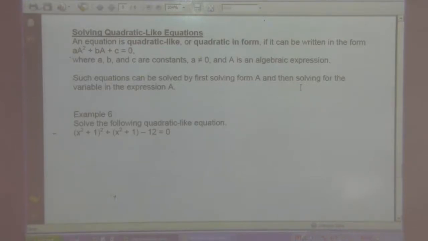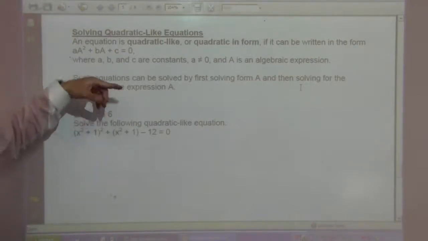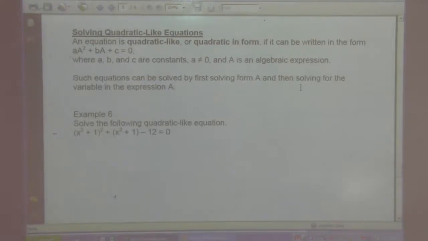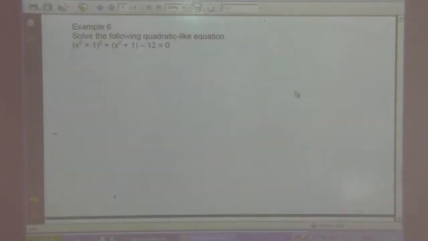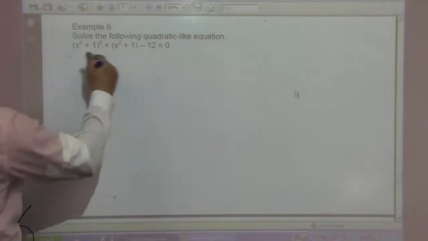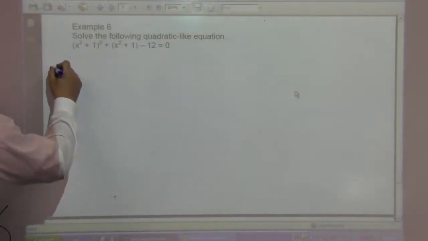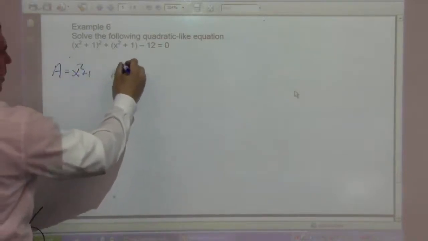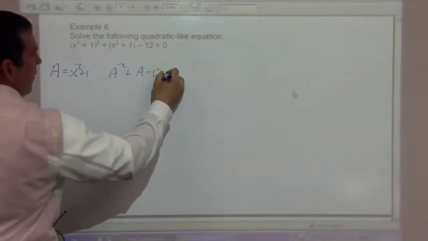First you're going to solve for a, capital A, then solve for the variable in a. So in this first one we have x squared plus 1 squared plus x squared plus 1 minus 12. So let's say that our a is x squared plus 1, then we have a squared plus a minus 12 equals 0.